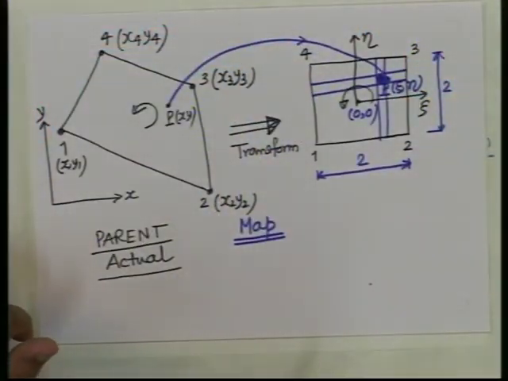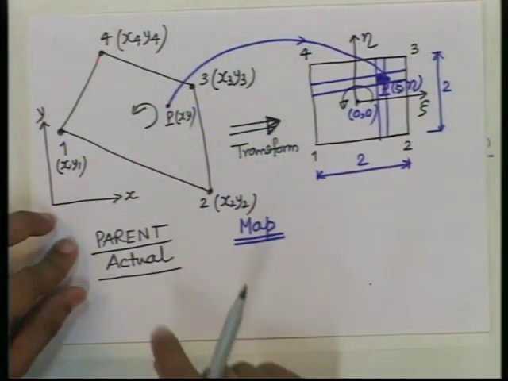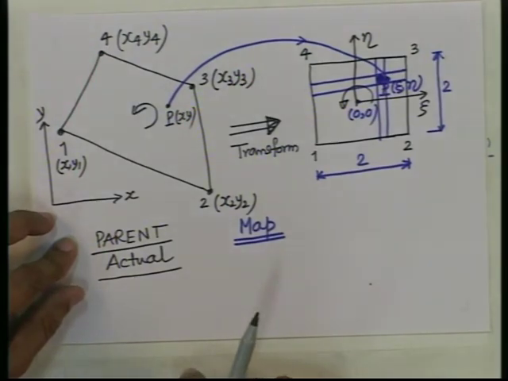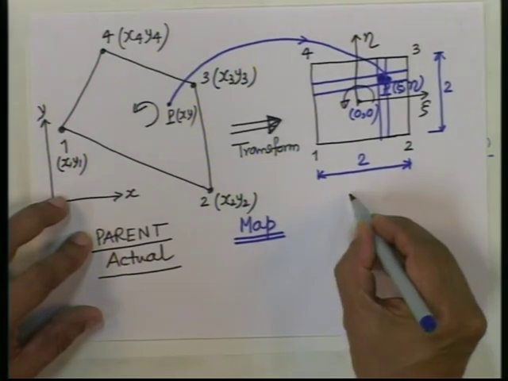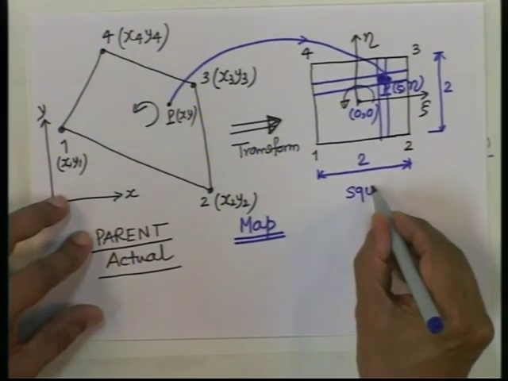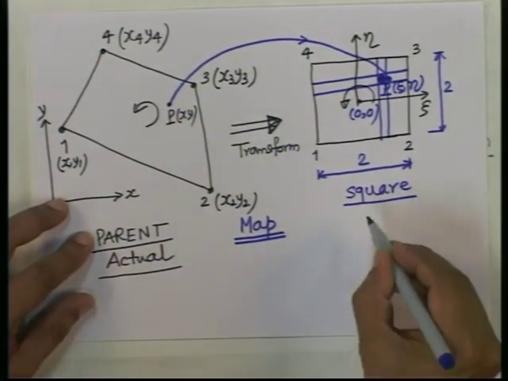In fact, this can also be transformed into a circle, it is possible. The mathematics is there and we can transform this into a circle. But here this rectangle, this square is better. So, this is mapped into a square of 2 by 2.